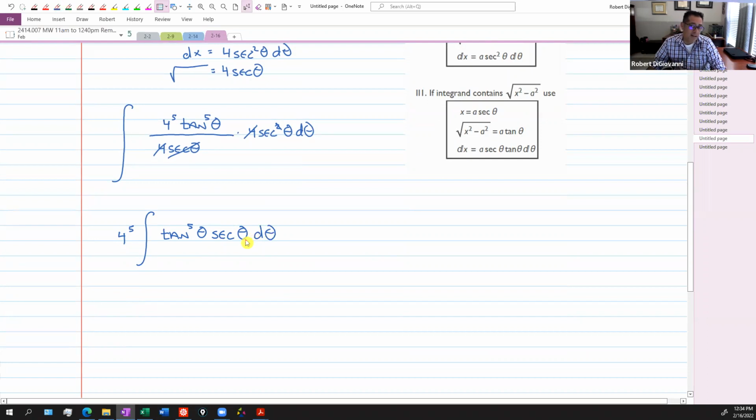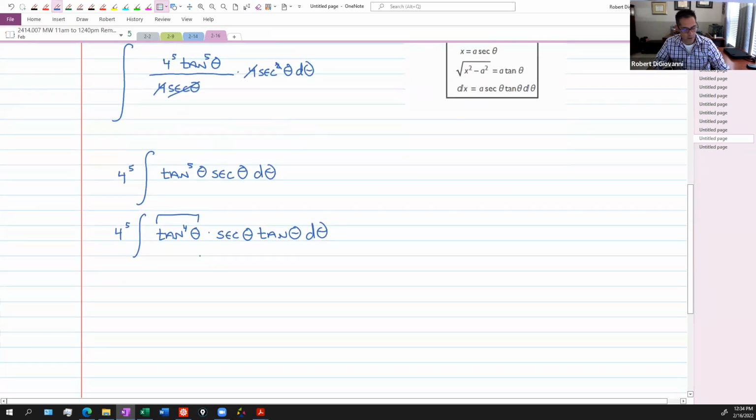Now I've got tangent to an odd power mixed with secant. So I'll pull one factor of tangent off and make it tan to the 4th theta. The rest will be secant theta, tangent theta, d theta. I'm going to rewrite tangent to the 4th as tangent squared squared, then rewrite tangent squared using the identity.